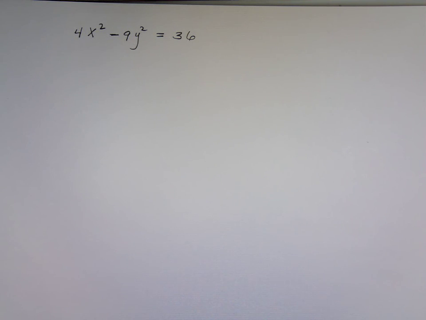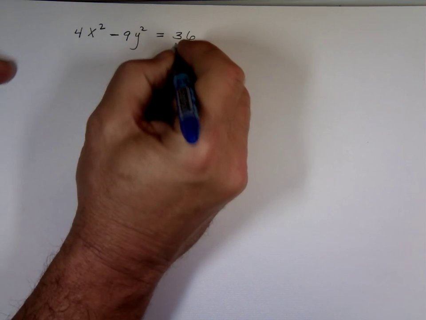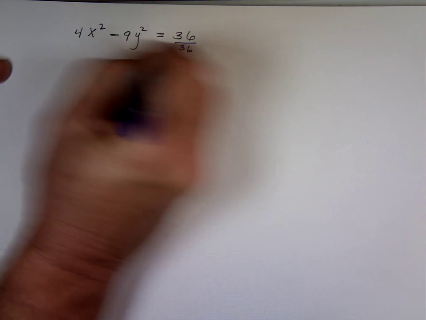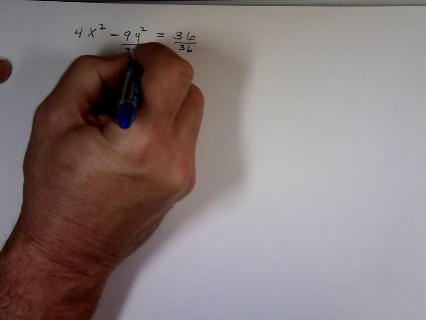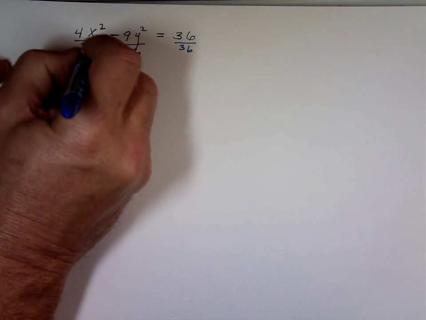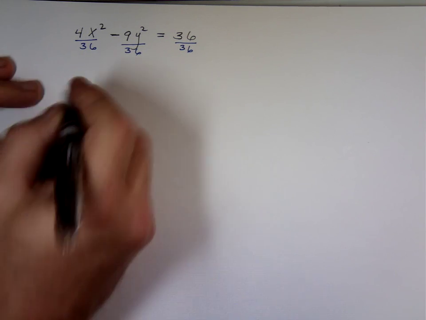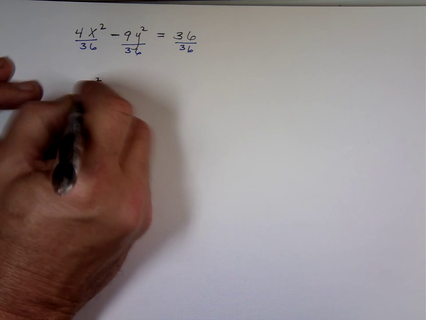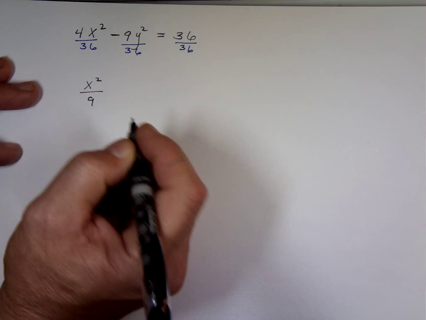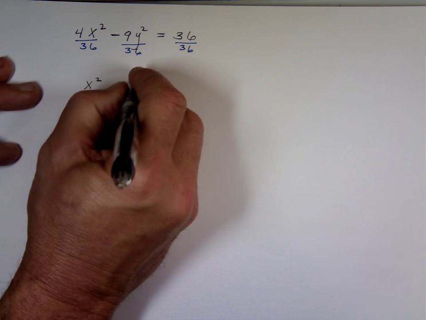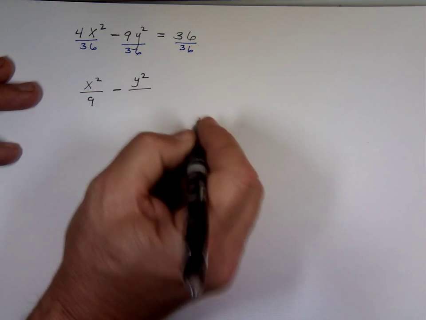Divide by 36. Yep, divide by 36. Divide this one by 36. Divide this one by 36. Divide this one by 36. Then it will look like what? X squared over, how about 9? Minus y squared over what? 4.